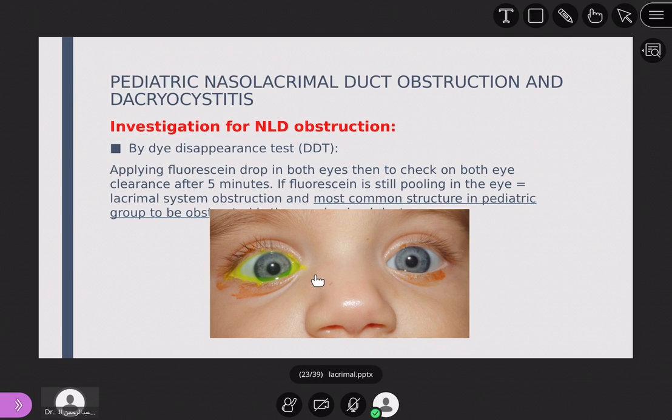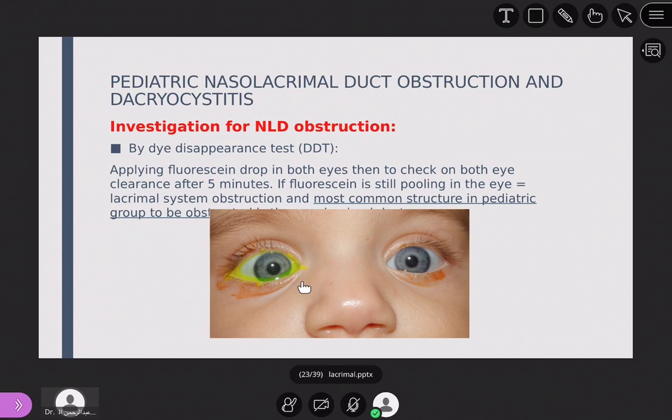If the fluorescein stays or is still pooling in the eye, this means that this eye has lacrimal system obstruction, and the most common structure in the pediatric group to be obstructed is the nasolacrimal duct because of the valve of Hasner. So this is the dye disappearance test.